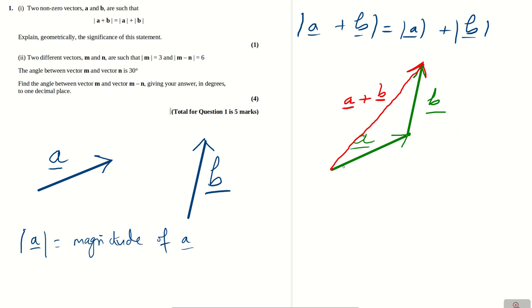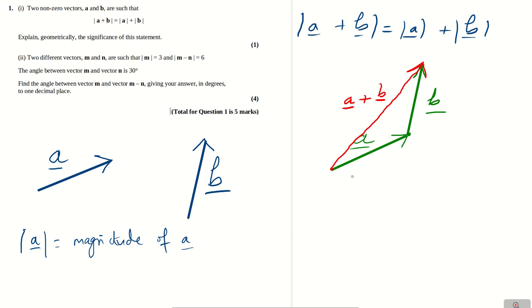The only time when the magnitude of this line on the triangle is going to be equal to the sum of the magnitudes of the lengths of the other two lines on the triangle is if vectors A and B are going in the same direction.